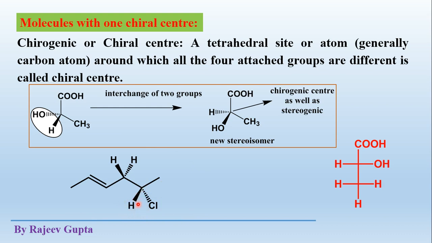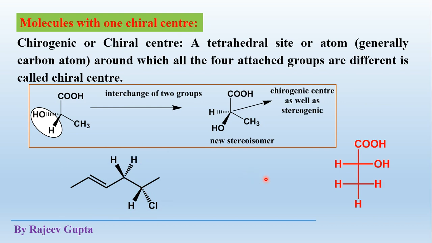All the 4 groups are different: one hydrogen, one chlorine, one methyl, and this complete group. So this is a chiral center. No other carbon in this molecule is a chiral center. Only one chiral center is present. So it's a chiral molecule or optically active molecule which contains one chiral center only.